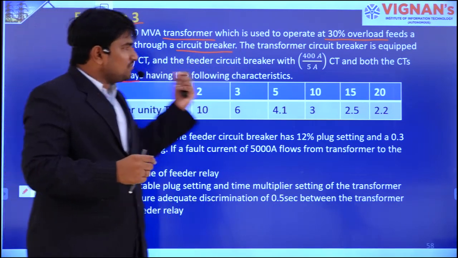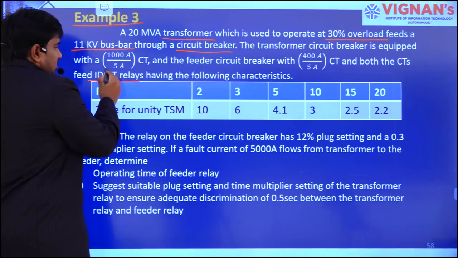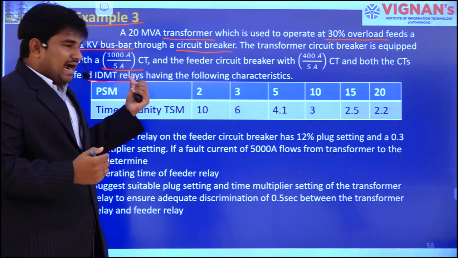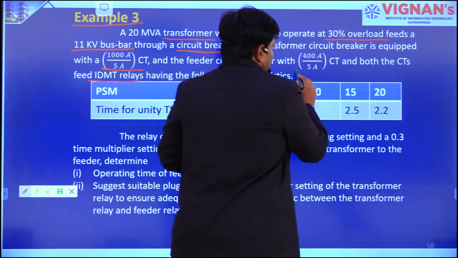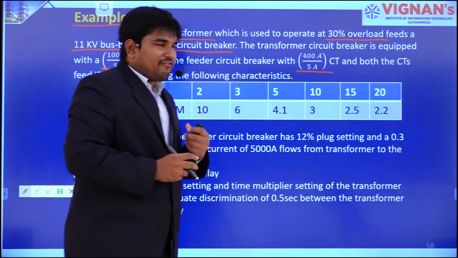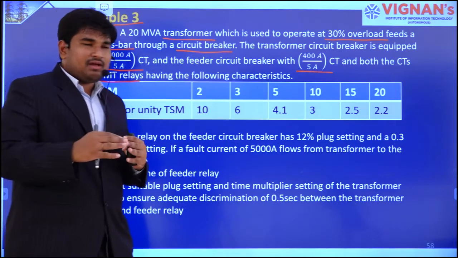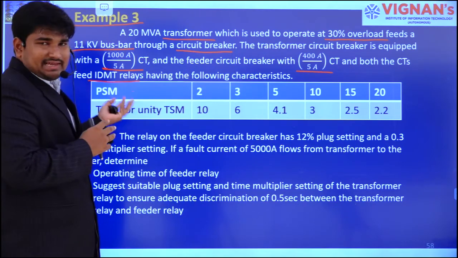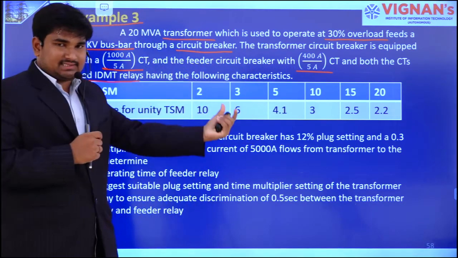Now the transformer circuit breaker is equipped with a 1000 amperes by 5 amperes CT and the feeder circuit breaker is equipped with a 400 amperes by 5 amperes CT. So in the previous problem we took the same CT ratios, but in this example we have two different CT ratings.